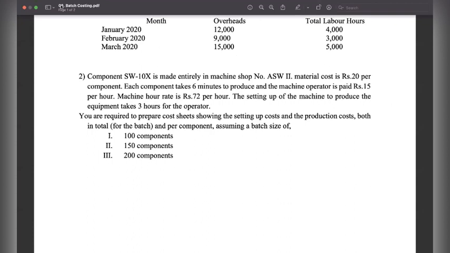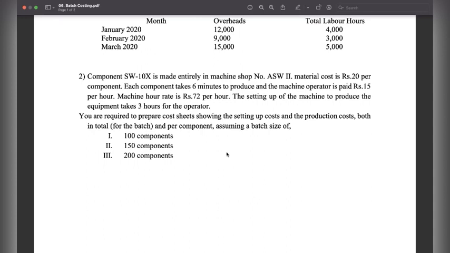Now read out this question. Component SW10X is made entirely in machine shop number ASW2. Material cost is 20 rupees per component. Each component takes 6 minutes to produce, and the machine operator is paid 15 rupees per hour.